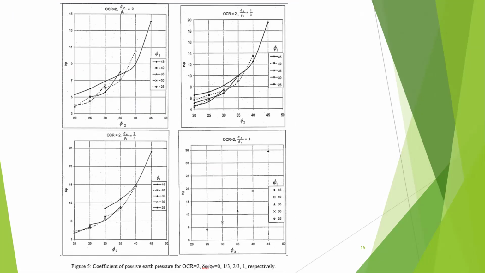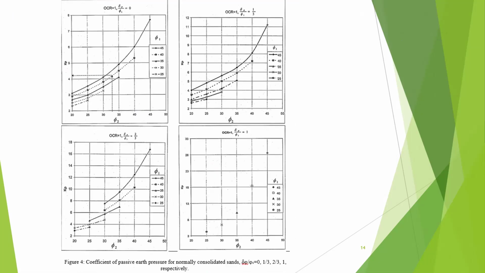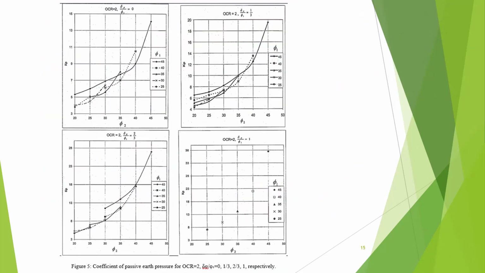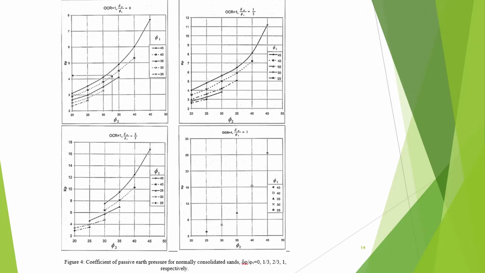Also here, it can be seen the same for over consolidation ratio of 2. These figures offer easy graphs for design engineers to use with over consolidation ratio 2, giving the delta over phi in different ranges as well.